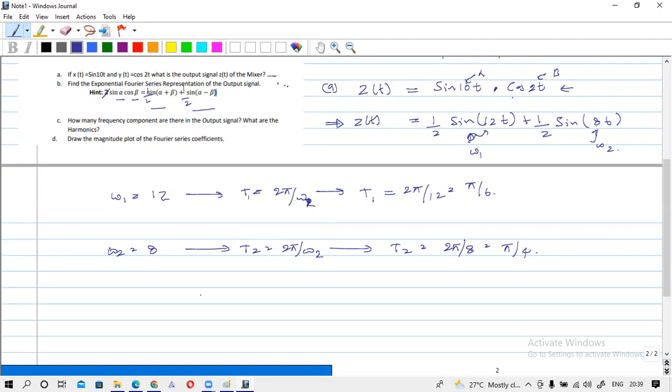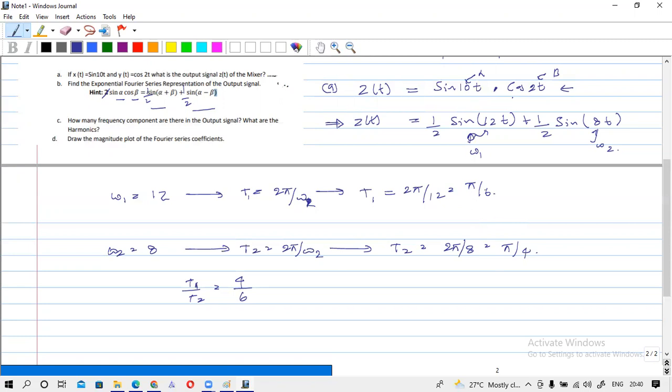If you get T1 by T2, you have pi by 6 over pi by 4.